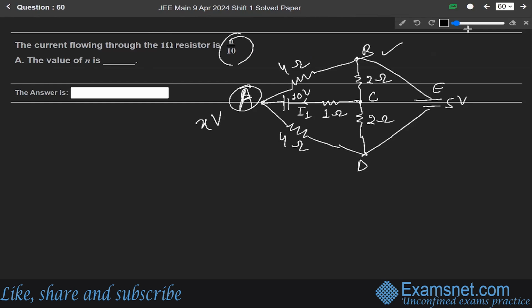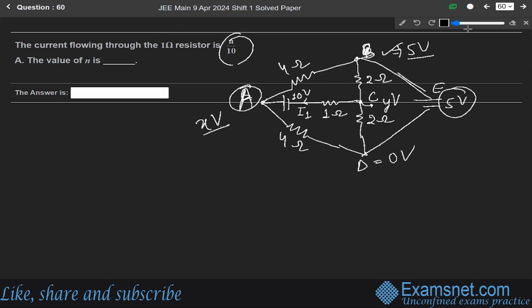And this is point E. And this is point B now. If we put X volt here, and in place of C, if we put Y volt here, and here it will be 5 volt because of this. So B will be equal to 5 volt, and D will be of 0 volt. Because here the voltage difference is 5 volt now. So if this is 5 volt, this must be 0 volt. And we have put A as X volt and C as Y volt.